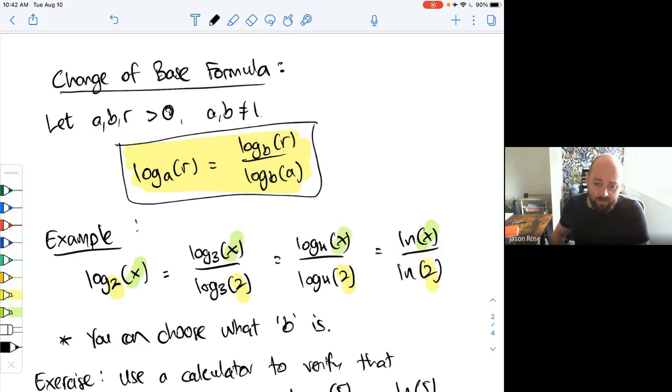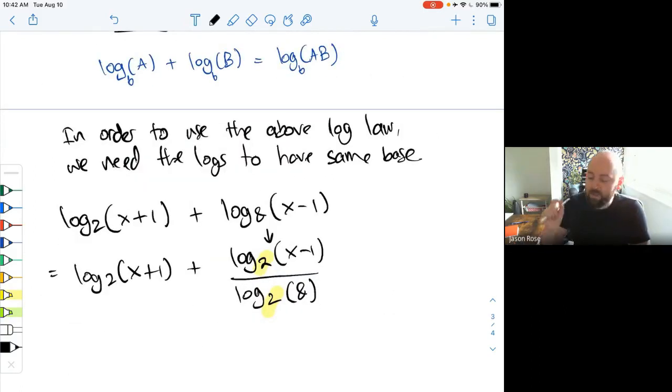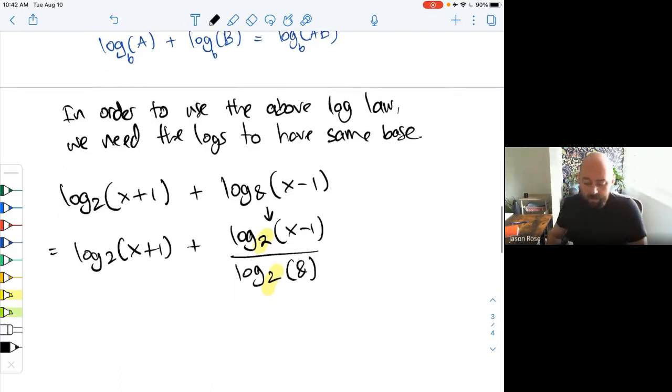And the one in the denominator, the 2 that you see here in this example in the denominator, that is the old base. Or sorry, the old base was 8. The old base was 8. The new base is 2. Okay? So this looks like progress because all of our logs have the same base. So now at least some of those log laws that we know can actually be applied.